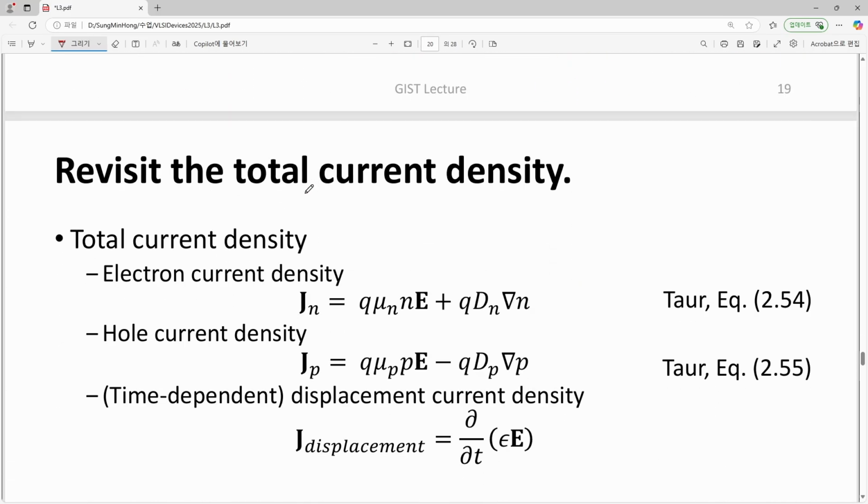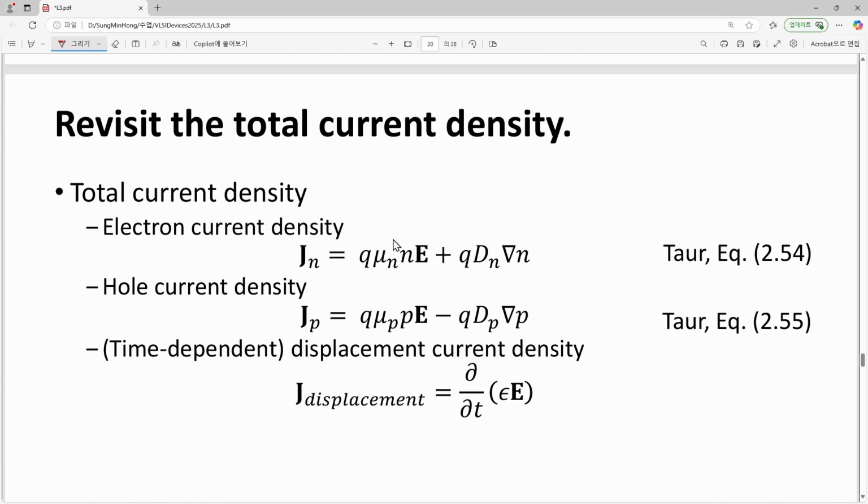Now I will combine these two mechanisms, one for electrons and one for holes. In the case of electron current density, we can identify the contribution due to the drift mechanism, and this is corresponding to the diffusion mechanism. Also, in the case of holes, we can identify a hole drift component and a hole diffusion component.